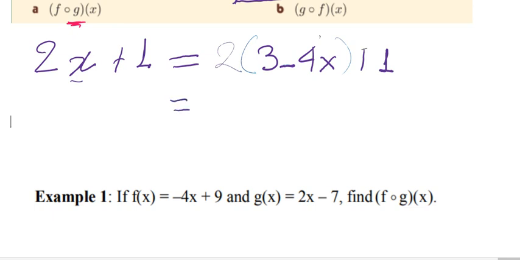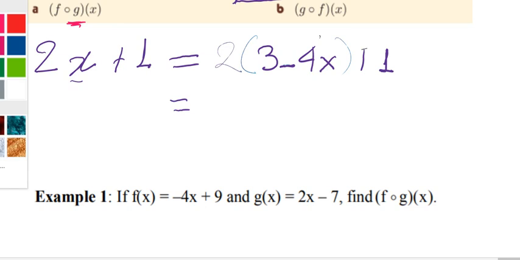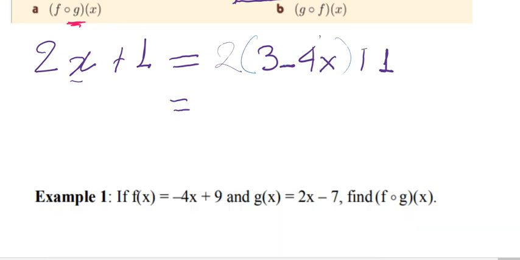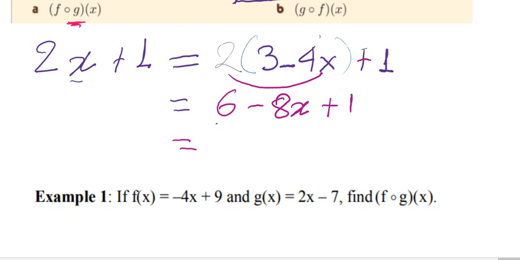And I'm doing my normal numbers, and I go, this is 2 times 3 equals 6. 2 times minus 4 equals minus 8x, plus 1 equals 6 plus 1, 7. And I put my minus x first. So minus 8x plus 7.